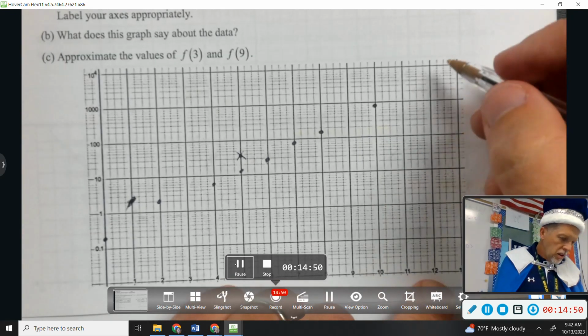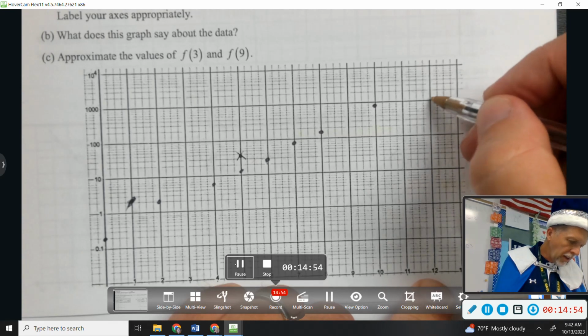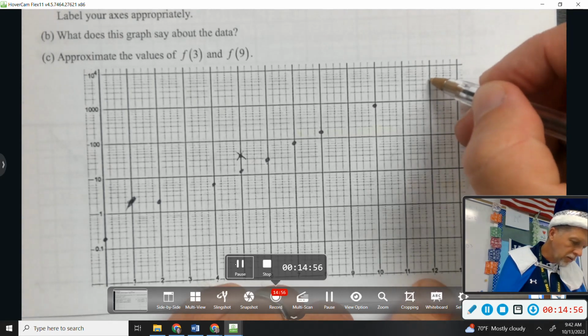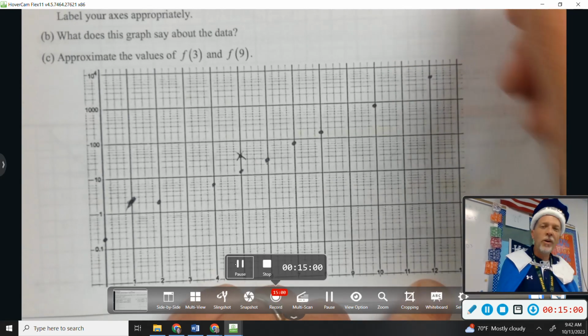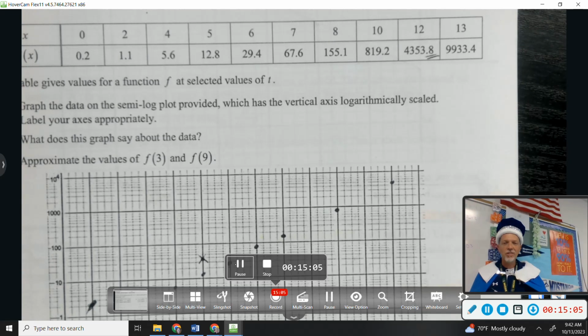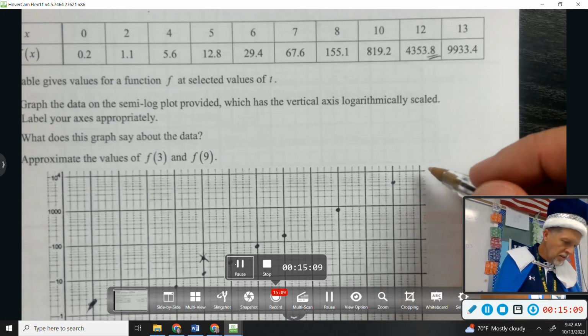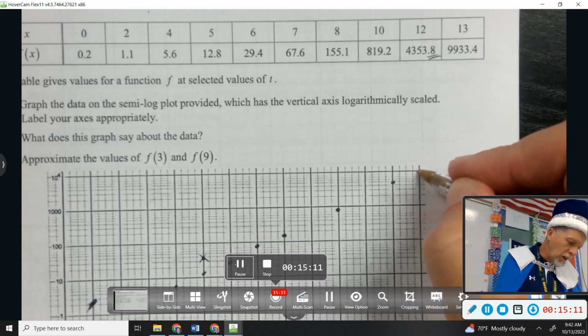Then 12, 4,300: 1,000, 2,000, 3,000, 4,000, and a little bit more. Again, the 0.8 doesn't matter hardly at all when it comes to graphing that thing, because you're in the 4,000s. And then 13, almost 10,000, like almost at the top.